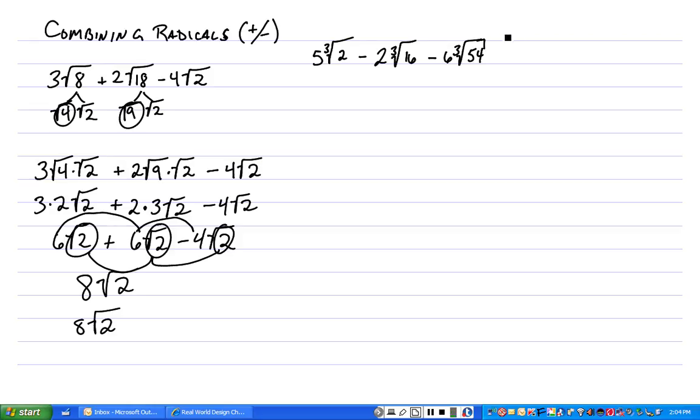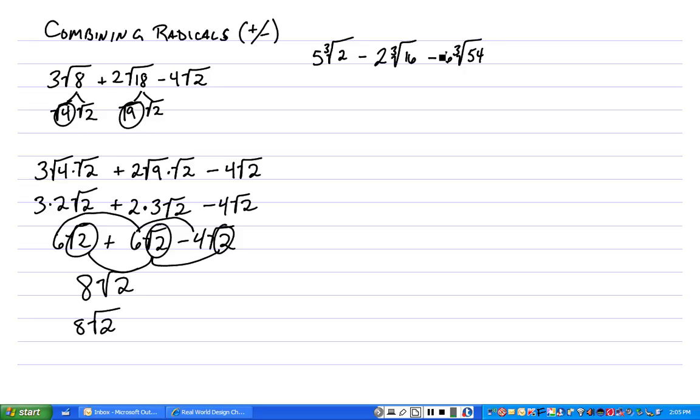Okay, so I have these, and again they're all under the cube root, but the numbers under the cube root are all different. So those numbers need to be the same in order for me to be able to do anything with it.